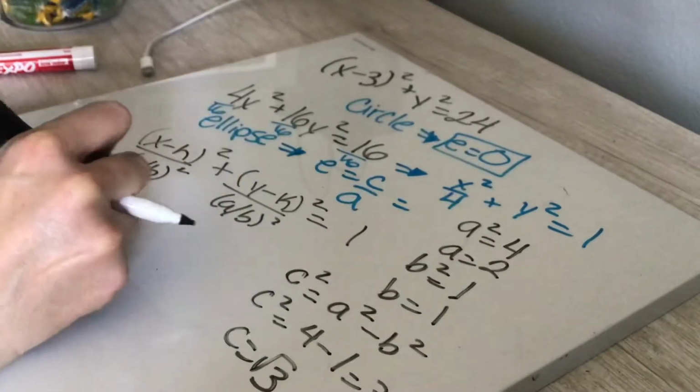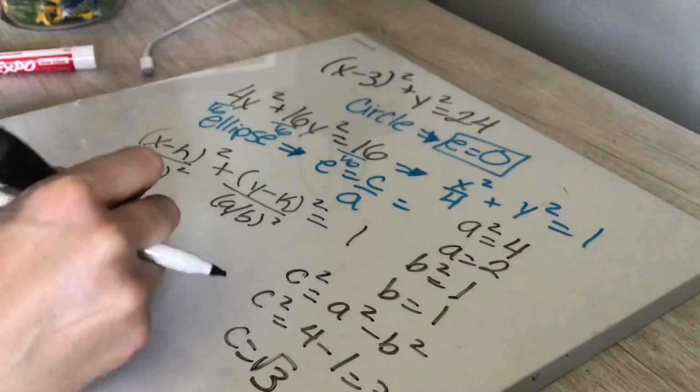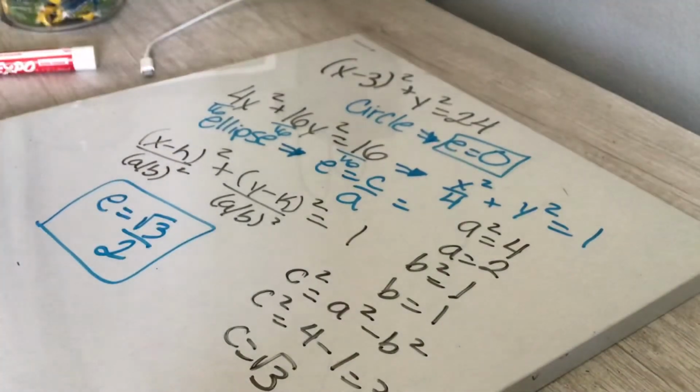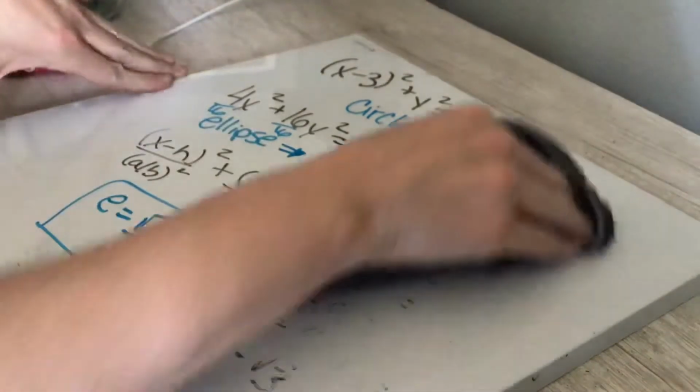So our eccentricity is c over a, so square root of 3 over 2. You have to remember what a, b, and c are. Okay? All right, one more, and then that is all you have to learn for this year for Algebra 2.